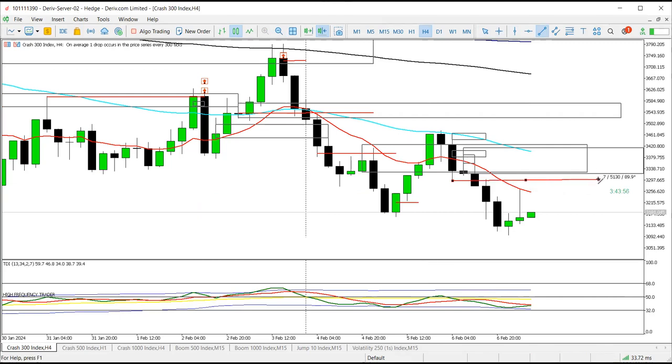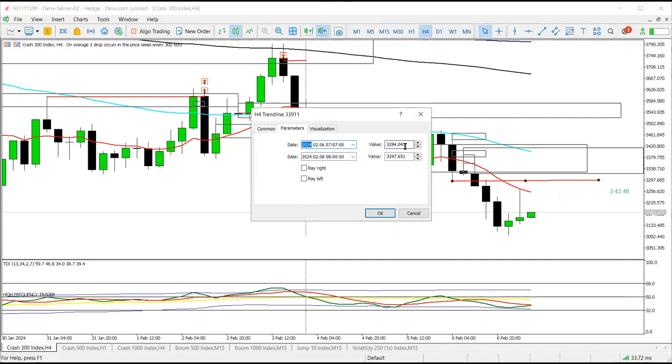Anyway, from this area, price can retrace into. But looking at the last 4 hour, they could still drop without coming into this zone. But let's see what the smaller time frames have.